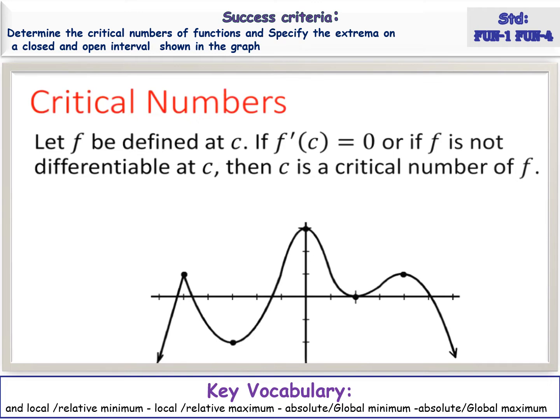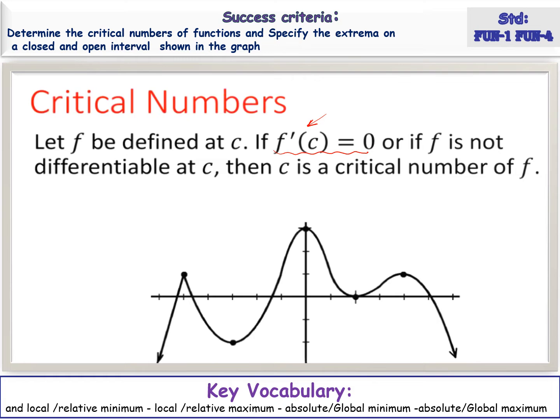Now, critical numbers are the numbers or the points where the derivative of the function is 0 or the derivative of the function is undefined. Actually, the derivative of the function refers to the slope of the tangent line.